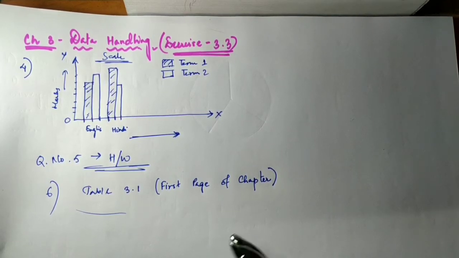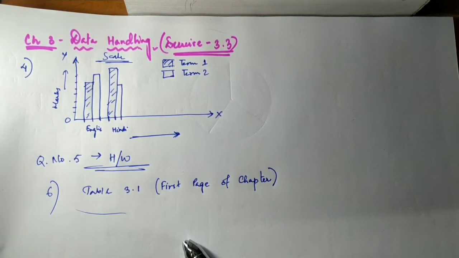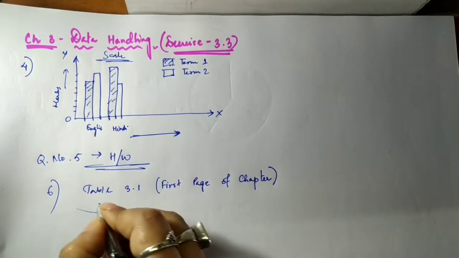So you have to make a double bar graph for this, and then you will answer the questions as given here. 4 questions are given, like which city has the largest temperature difference, which has the minimum temperature difference, which is the hottest city and coldest city. So this will be your homework.